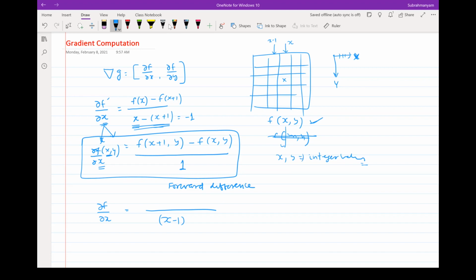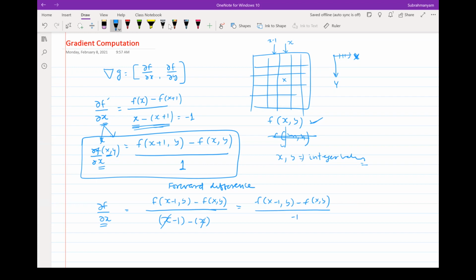So I could have considered my dou x, the change, as x minus 1 minus x. Then this would be equal to f of x minus 1 comma y minus f of x comma y by x minus 1 minus x, which is nothing but f of x minus 1 comma y minus f of x comma y by minus 1.